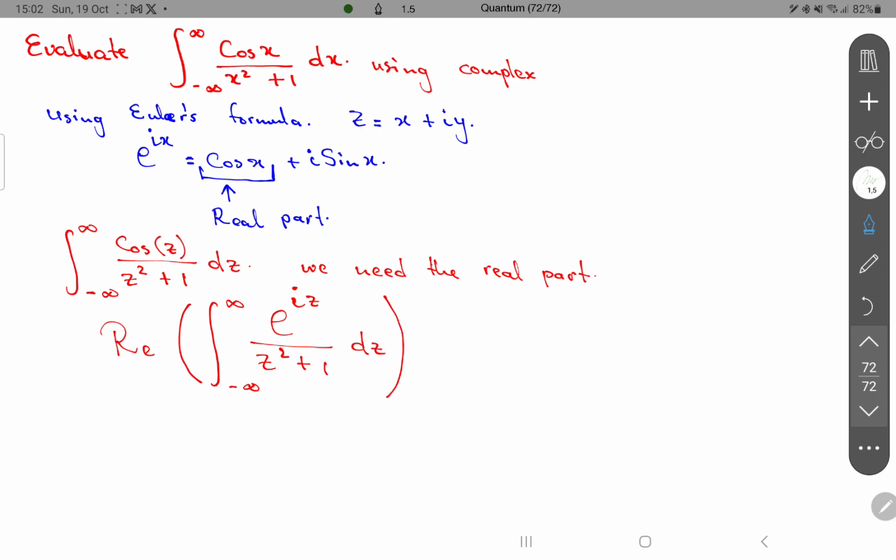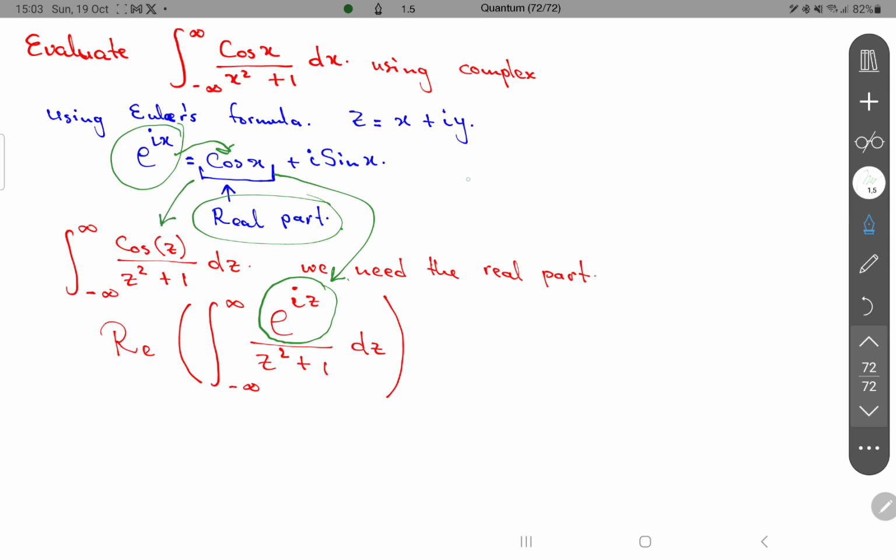Why we say that is because if you look at this part here, it is associated with the real part, which is actually this one. Remember, it came from this part here.